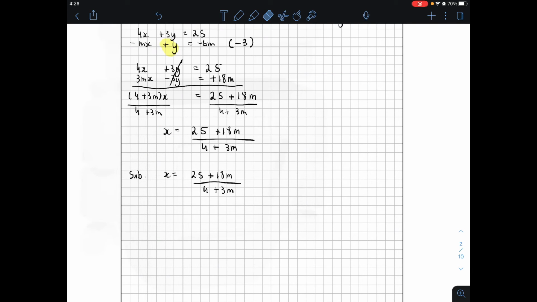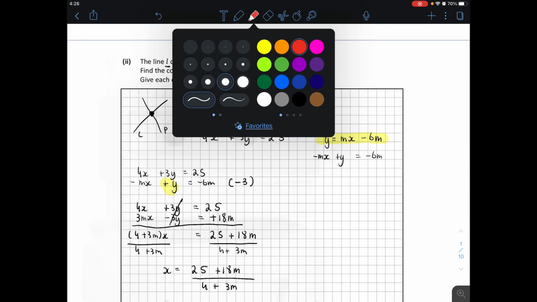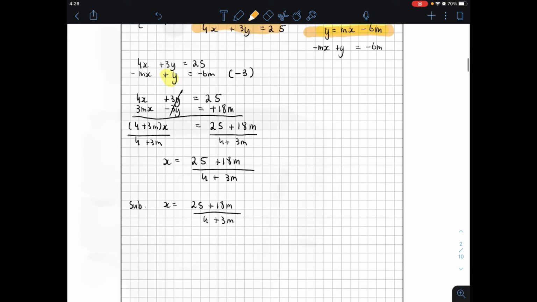Okay, so now I've found my value for x. I want to find my corresponding value for y. To do that, I'm going to substitute my coordinate of x into either equation. So we can either substitute our value for x into line K or line L. I'm going to substitute it into line L, but you can pick either one.